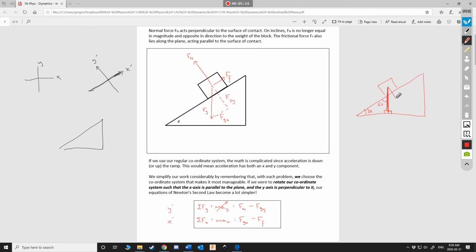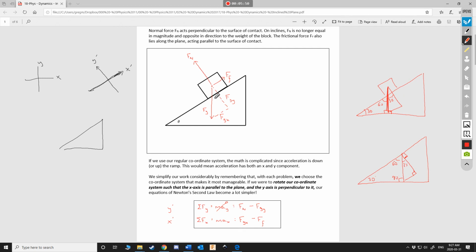If I were to draw another triangle like so, if that's 60, this must be 30 as well. When we draw this Fg vector, the one line is just straight down. The y component is perpendicular to the surface, and the x component is parallel to that surface. So if this is 30, this is 90, this must be 60 degrees. Again, this Fgy is perpendicular, so this must be 30 degrees.